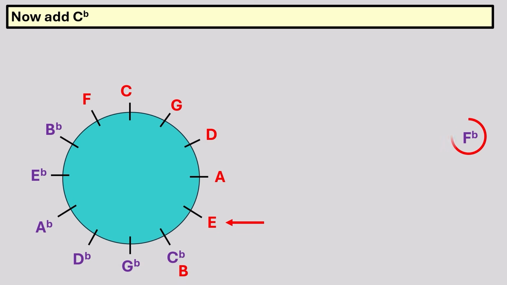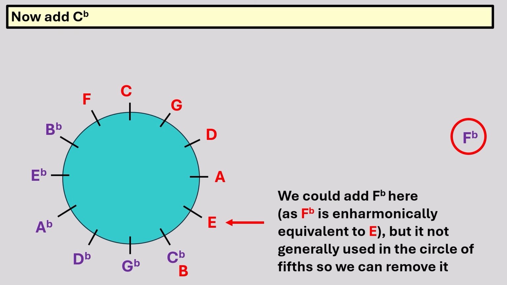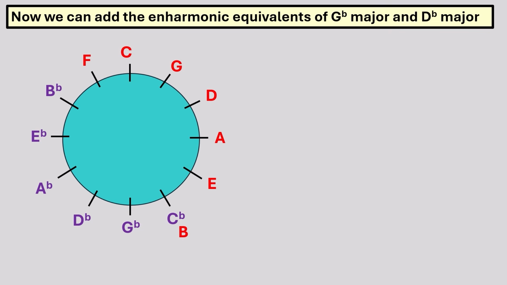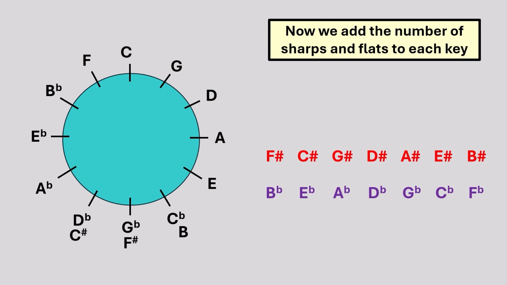We could add F flat here, as F flat is enharmonically equivalent to E, but it is not generally used in the circle of fifths, so we can remove it. Now we can add the enharmonic equivalents of G flat major and D flat major. Now we add the number of sharps and flats to each key.